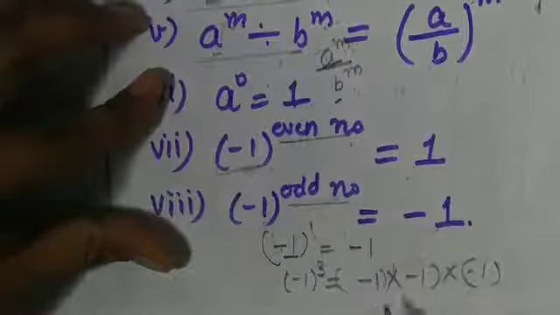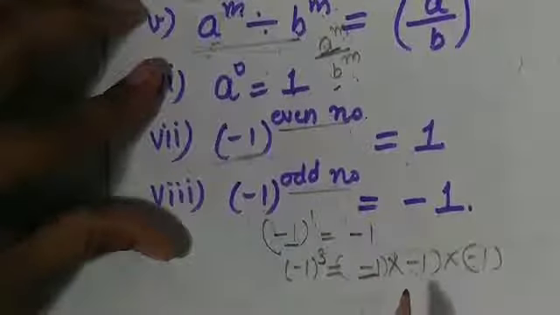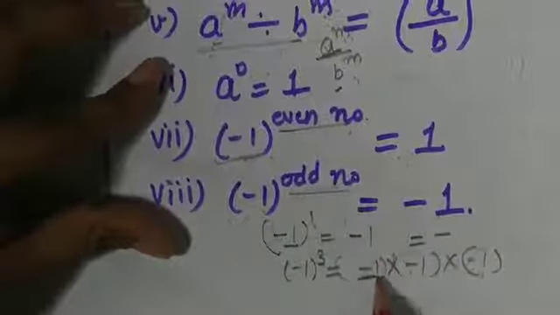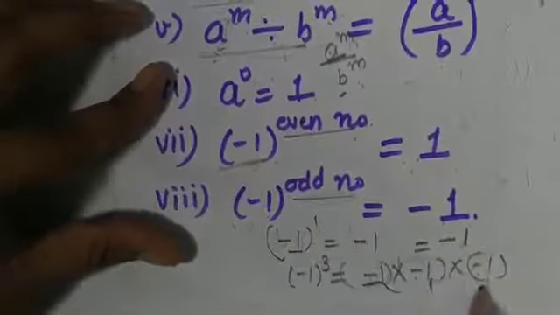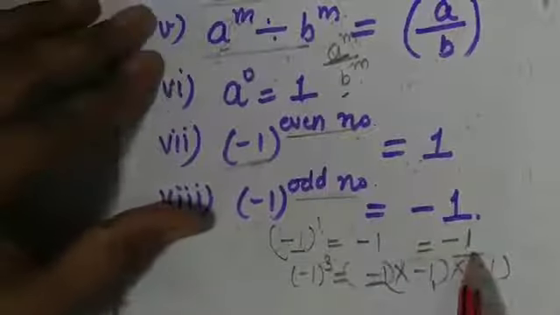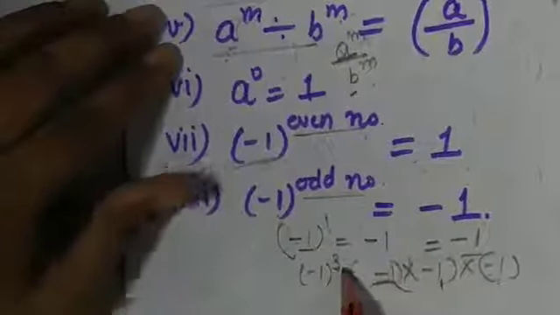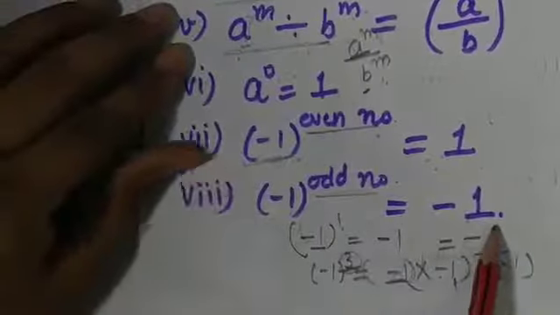Here I am multiplying 3 negative signs, means an odd number of negatives, then the result is a negative number. And now multiply the numerical value, 1 into 1 into 1, that is 1. So minus 1 into minus 1 into minus 1 is minus 1. You can prove this by taking any even power or any odd power; the result is always as stated.